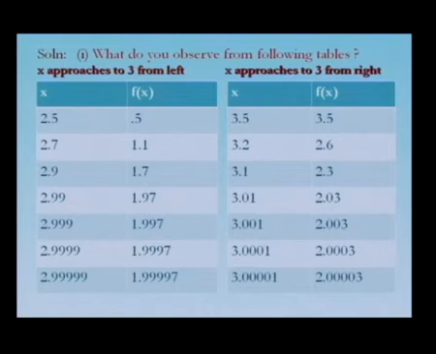When x reaches 2.99, f(x) reaches 1.97. Similarly, when x is 2.99999, f(x) is 1.999997. That shows that when x is very close to 3, f(x) becomes very close to the number 2.